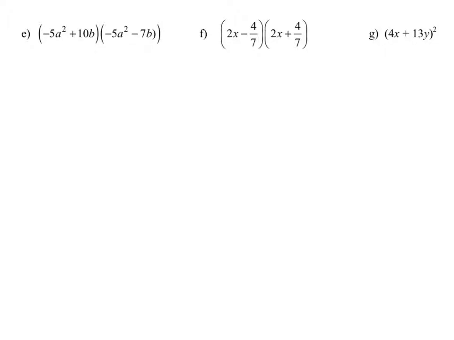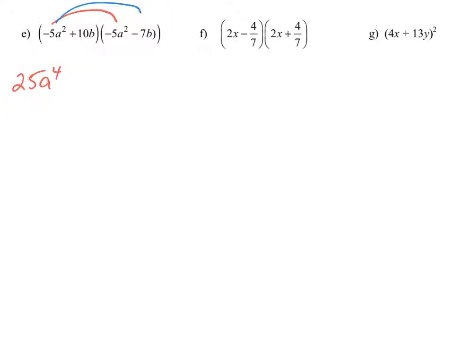Let's multiply E, which is the quantity negative 5a squared plus 10b times the quantity negative 5a squared minus 7b. This doesn't follow any of those special patterns, so we can use the FOIL method to simplify this. We multiply negative 5a squared times negative 5a squared and get a positive 25a to the fourth power.